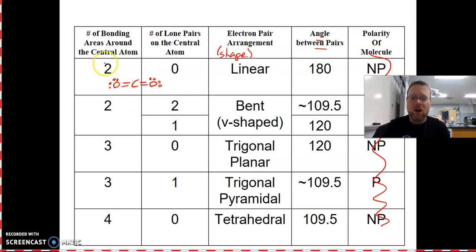This would be a scenario where you had 2 bonded atoms and no lone pairs. 2 atoms are connected to the middle, and we have no dots on the middle. The effect of this is that you only have 2 things trying to get away from each other, which is going to produce a molecule that's straight across, a linear molecule. And in 3 dimensions, that might look something like this. Okay, and you can see all 3 atoms are in a line.